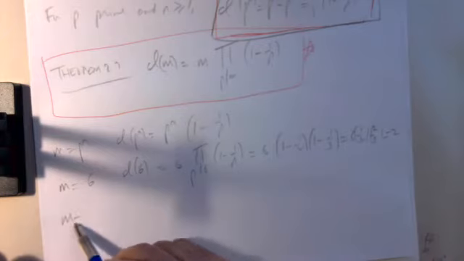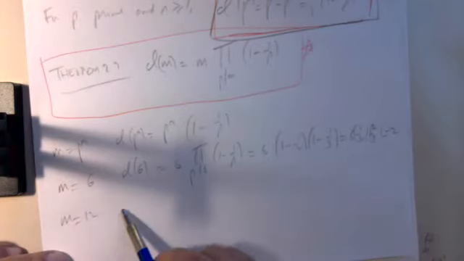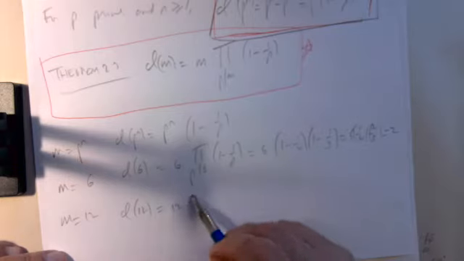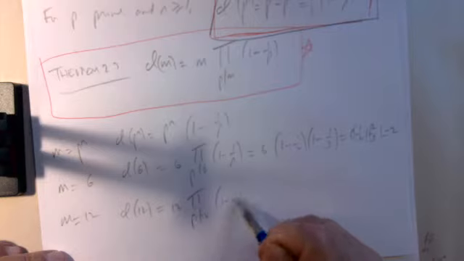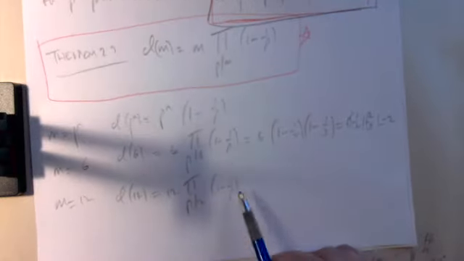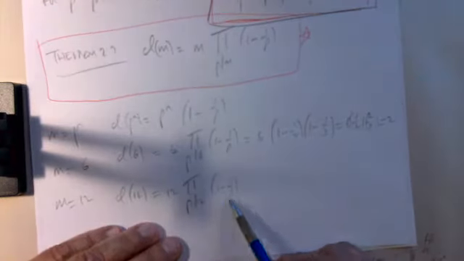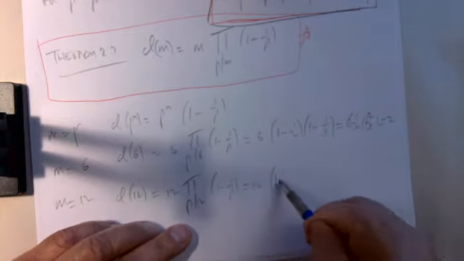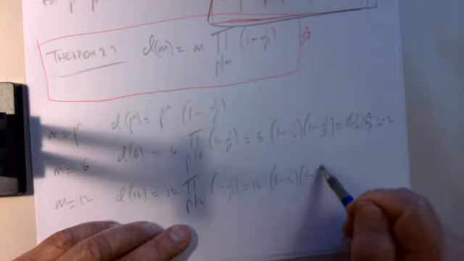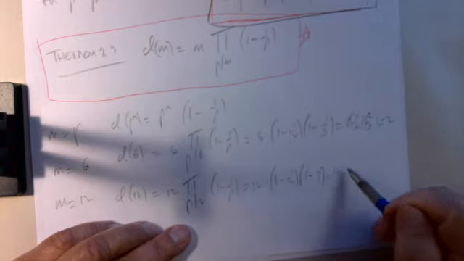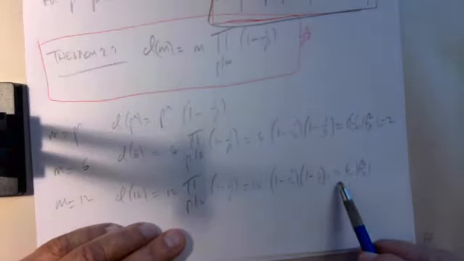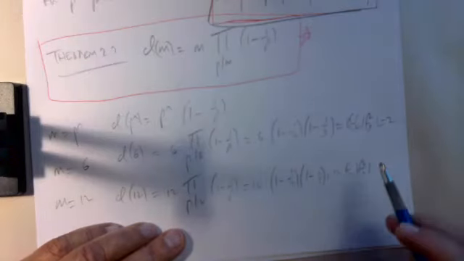What about m equal to 12? What is phi of 12? It's 12 times the product of the primes that divide 12, 1 minus 1 over p. The primes that divide 12 are 2 and 3. So this is 12 times 1 minus a half, 1 minus a third. That's 12 times a half times 2/3. This is 6 times 2/3.